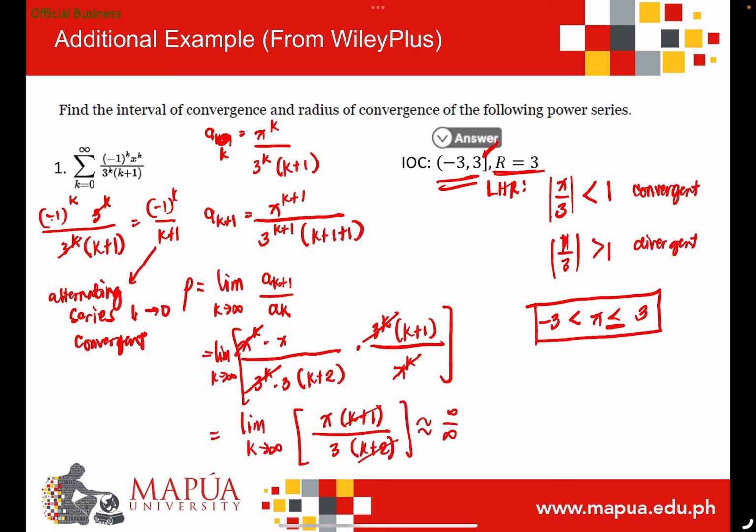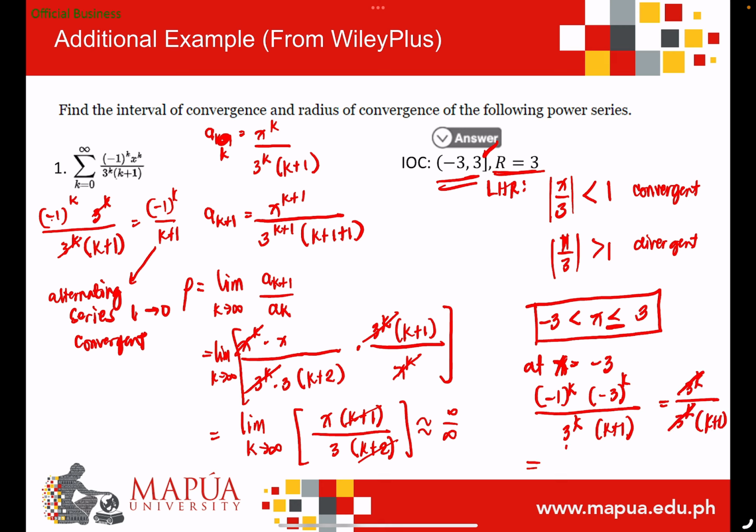However, at x is equal to -3, we have -3 raised to k over 3 raised to k times k plus 1. So -1 raised to k times -3 raised to k is 3 raised to k, over 3 raised to k times k plus 1.